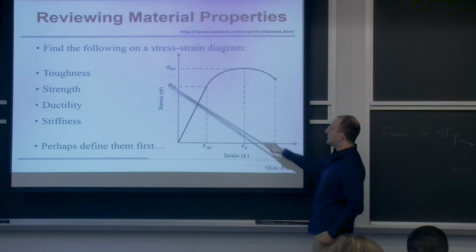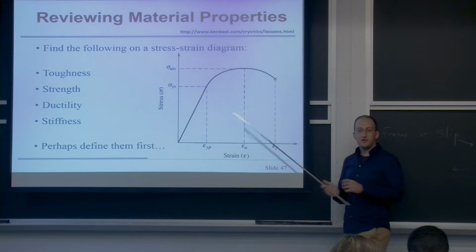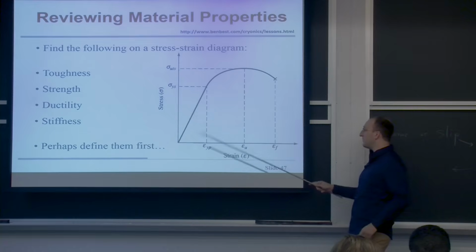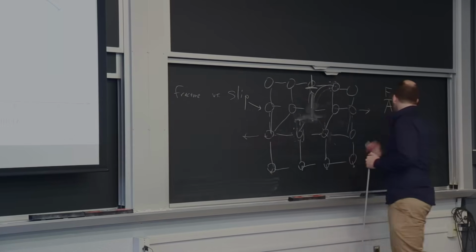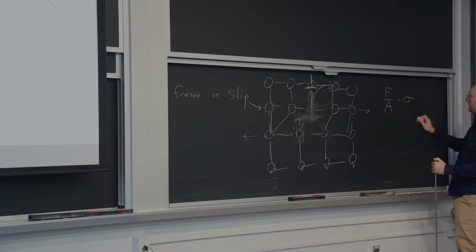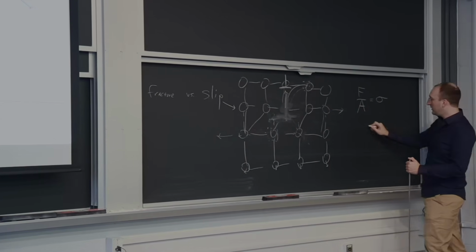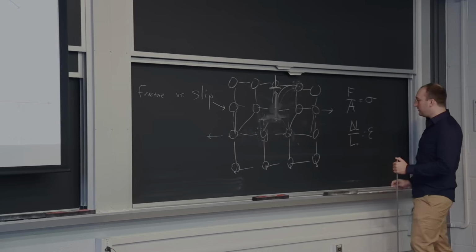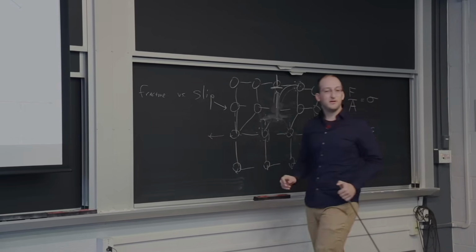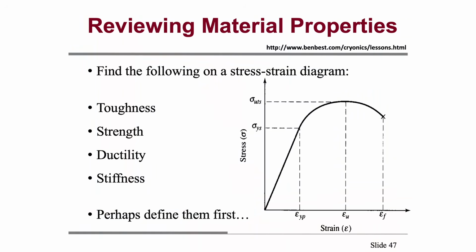And so on the y-axis is stress, the amount of force per area we're putting in, and strain is the amount of deformation. So strain is the change in length over the original length of some material, in what's called the engineering or simplified notation.